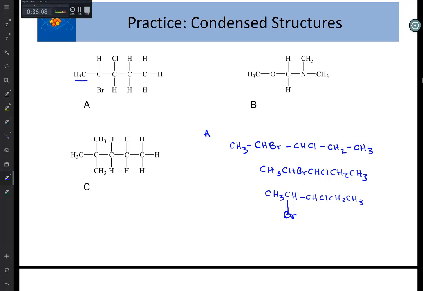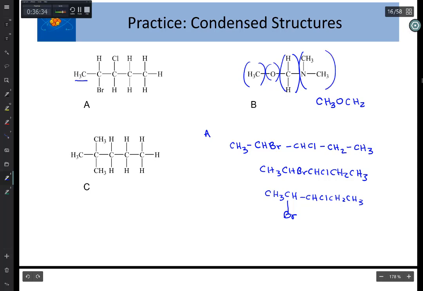What about B? Yeah, let's do B. So I'm going to have CH3, O, and then CH2, right? So that's CH3O, CH2, and then you'll notice this has a nitrogen on it, right?